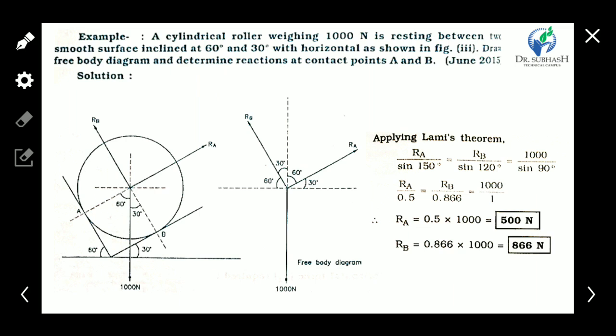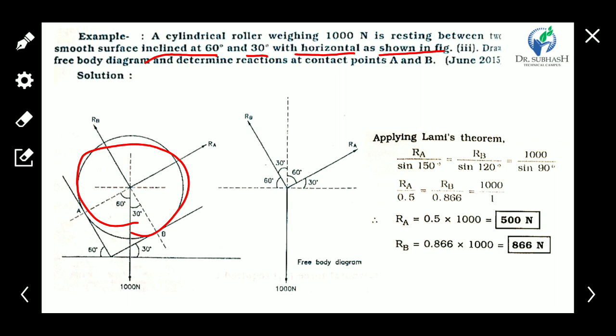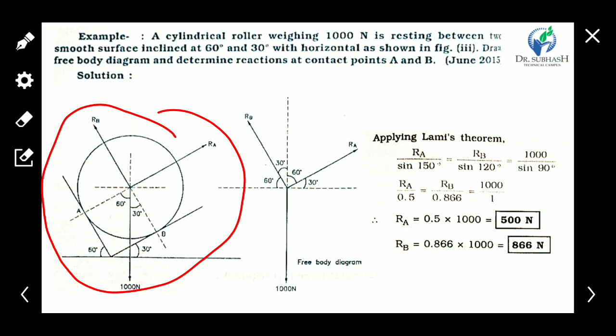So first example: a cylinder roller of weight 1000 Newton is resting between two smooth surfaces inclined at 60 degrees and 30 degrees with the horizontal, as shown in the figure. The cylinder rests on two surfaces at specific angles, 30 and 60 degrees.